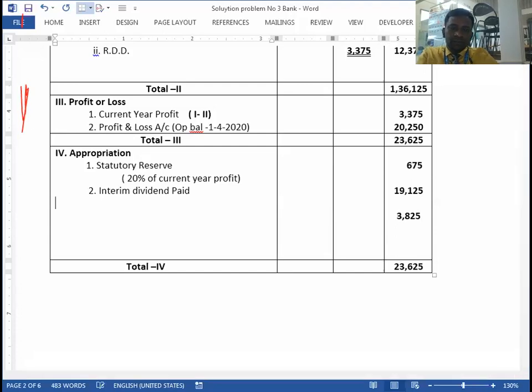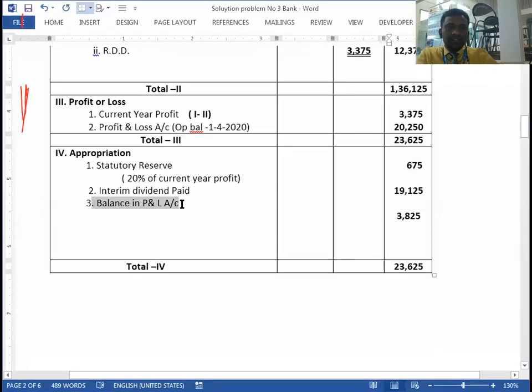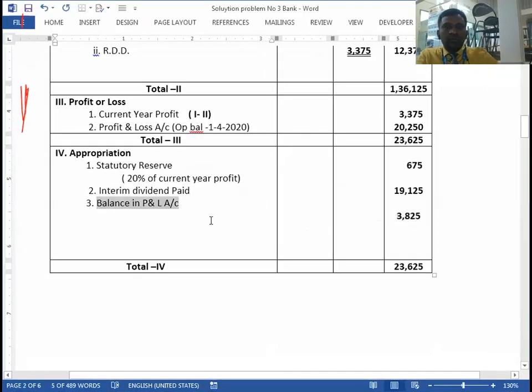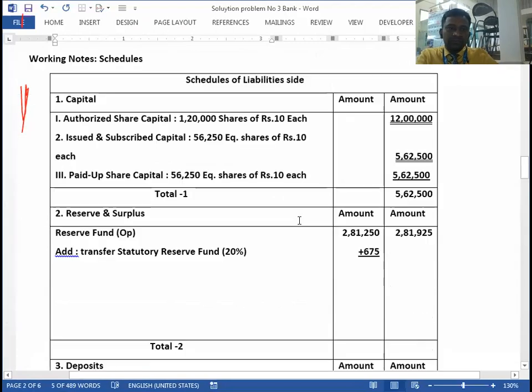Okay, this is the profit balance in the profit and loss account, and it is transferred to schedule number 2, reserve and surplus.